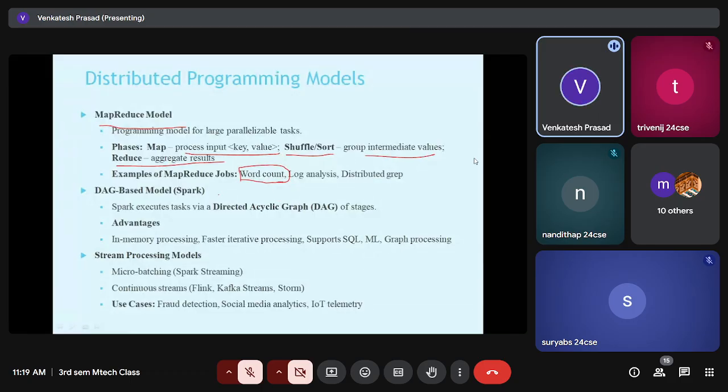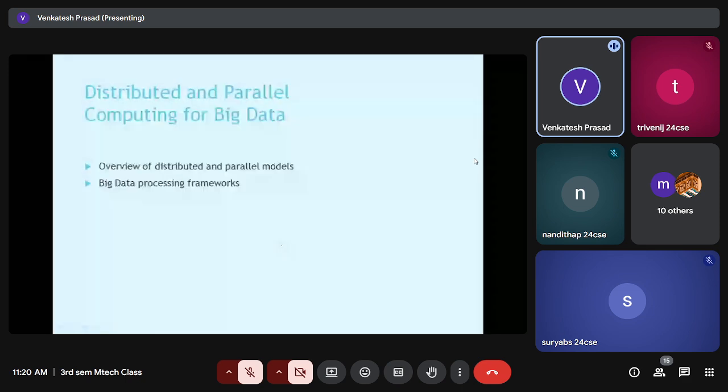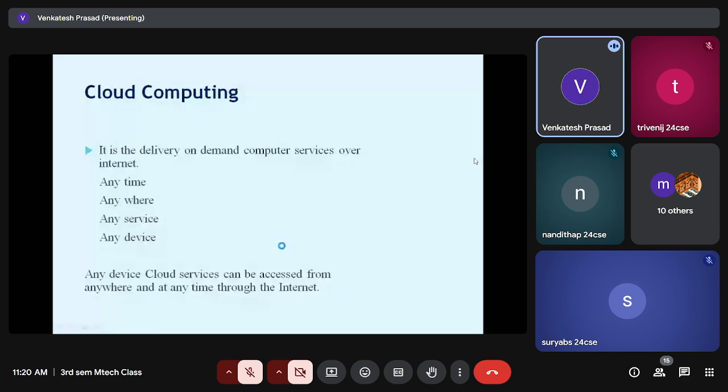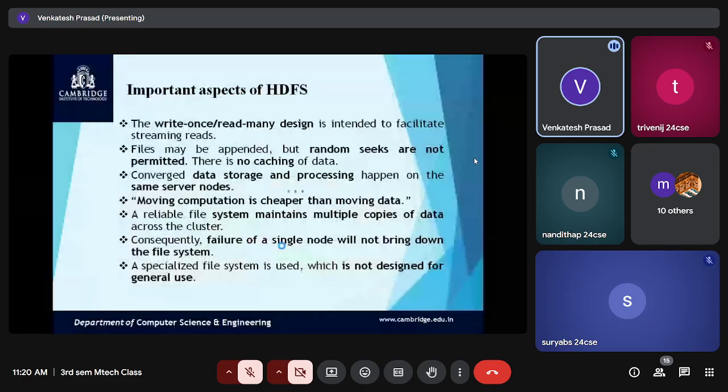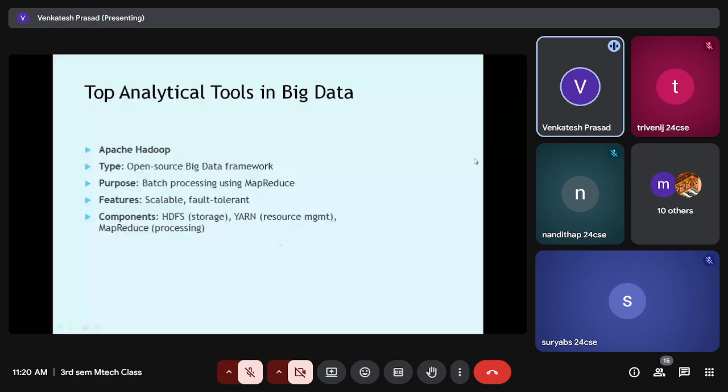All right, then Spark is of course using something called in-memory computation that I explained yesterday. Let's see, it's here. I'll just quickly show it. Yeah, so this is what I explained yesterday.